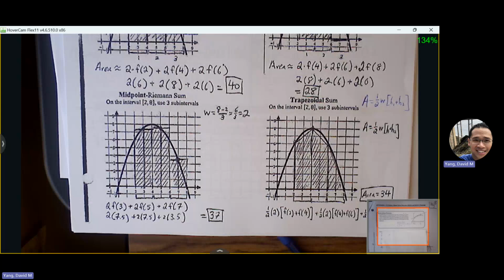Now, the best approximation is not going to be a rectangle shape. It's going to be trapezoids, just because the way that a trapezoid is able to kind of mold to the shape of the graph the best. Now, you may be more familiar with a trapezoid that is drawn this way, where you have two parallel bases and the height, and the formula is 1/2 height, base 1 plus base 2.